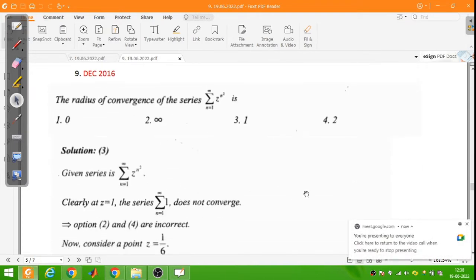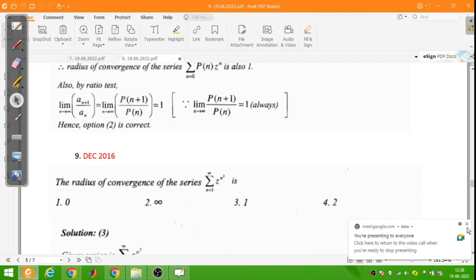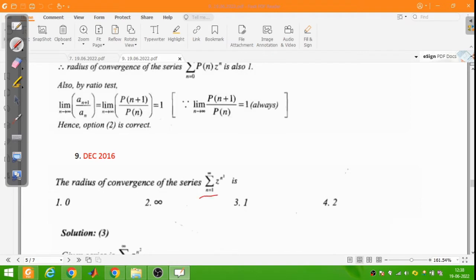Next is the December 2016 question paper. What is the radius of convergence of this? Shall you try? Just try this. Here what is a n? 1, sir. So the radius of convergence of this series is what?